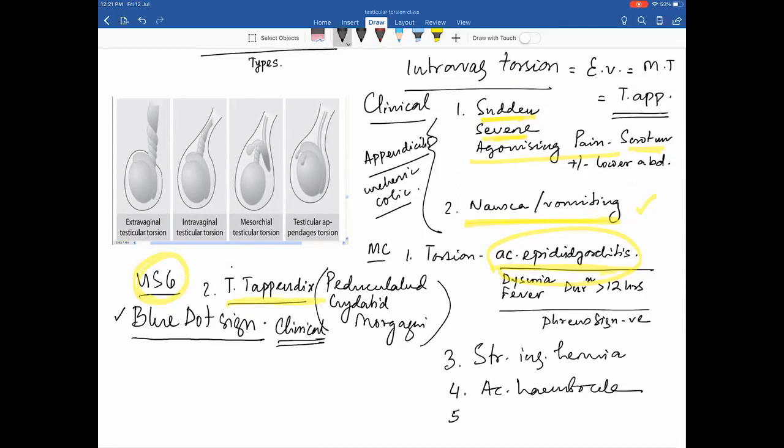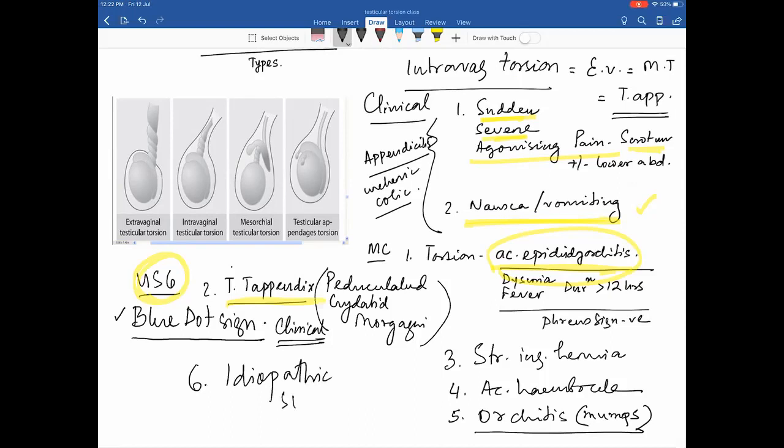Fifth, it can be an orchitis like mumps orchitis, which has the same features in the same age group and is difficult to distinguish. And remember, rarely you have a condition called idiopathic scrotal edema.